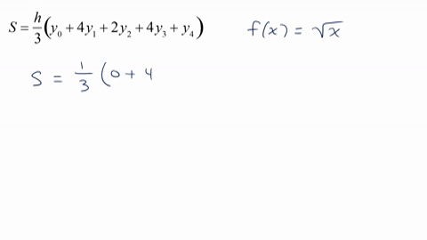times y sub 1. Our h value is 1, so we're going to jump to f of 1, and the square root of 1 is 1, plus 2 times y sub 2.